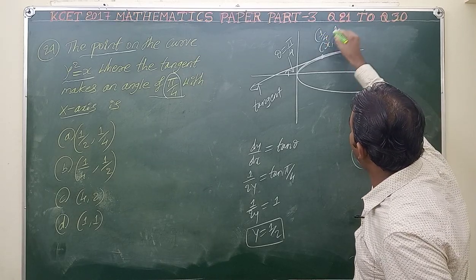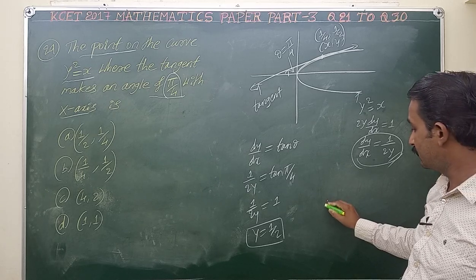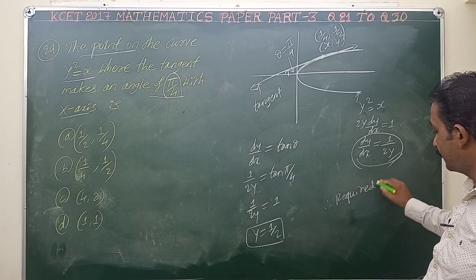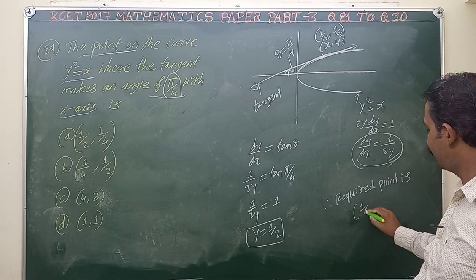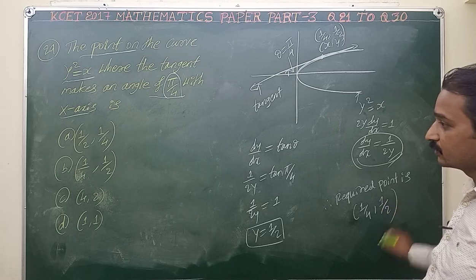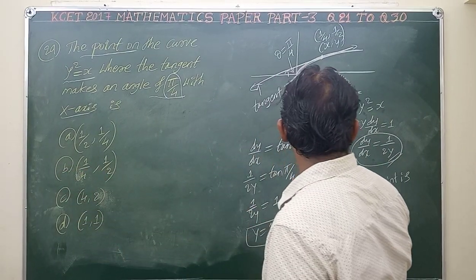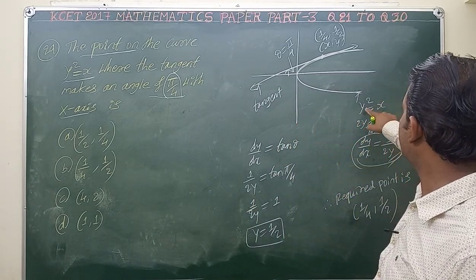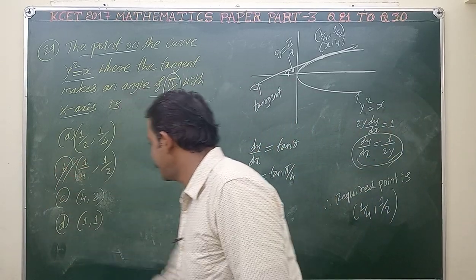So the required point is 1 by 4 comma 1 by 2. So the option with x as 1 by 4, y as 1 by 2, 1 by 4 comma 1 by 2 is the correct answer.